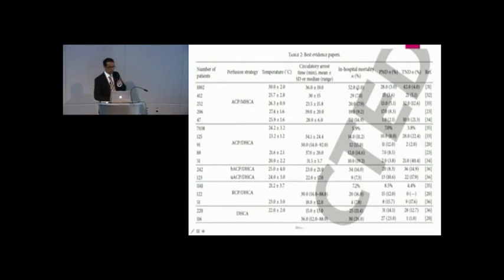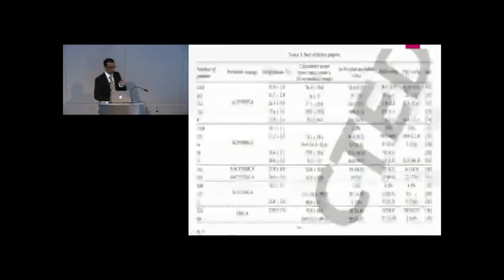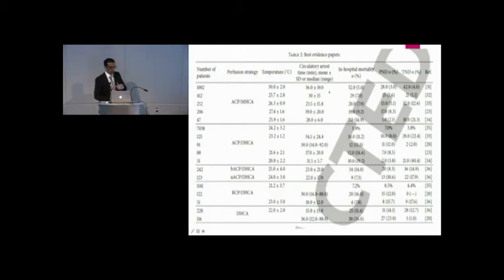The result is 5% for mortality, 3% for BND, and 4% for TND, which is very, very good. Those are the numbers you're looking for as a good result in aortic surgery.